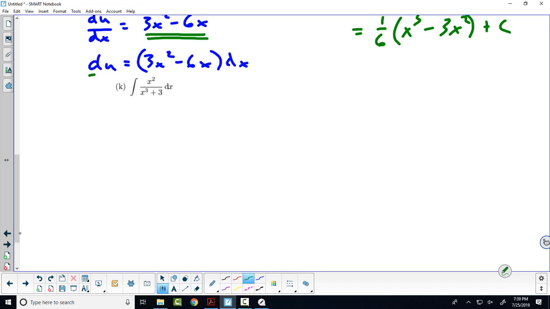I see an expression here, and I'm just going to tell you the answer. I see an expression here, x cubed plus 3. I also see the derivative of that expression up to a constant. How come? Because what is du dx? It's 3x squared. I don't have a 3x squared, but I've got an x squared, so it's right up to a constant.